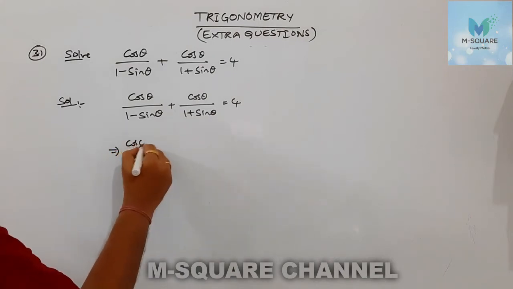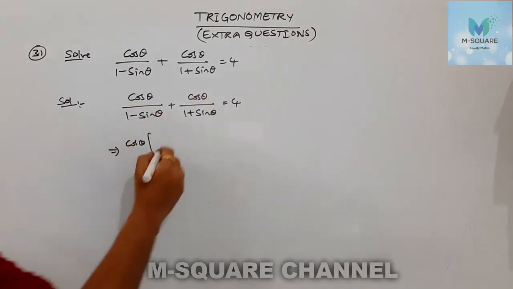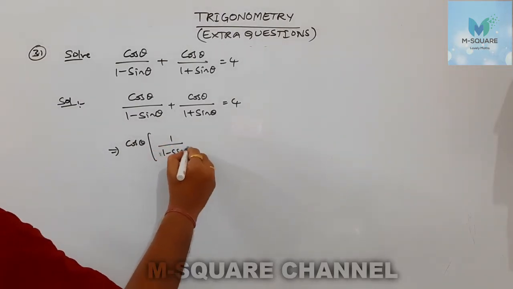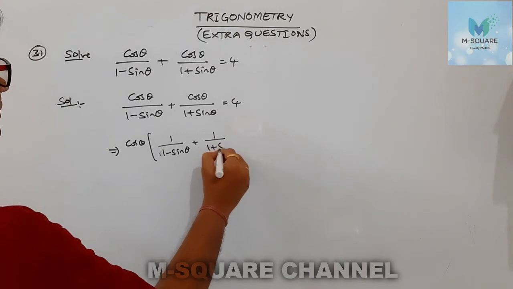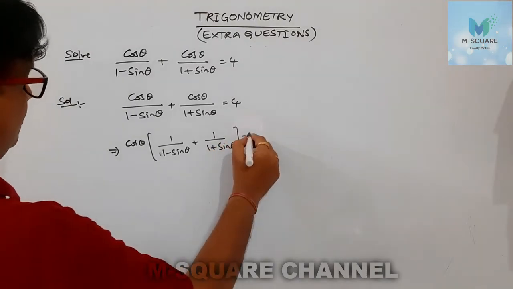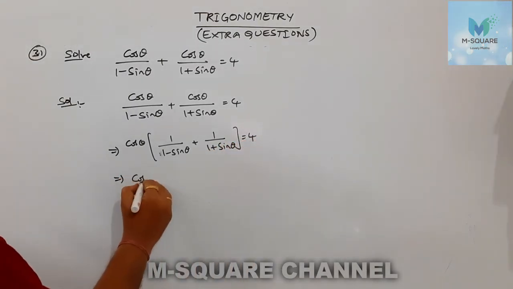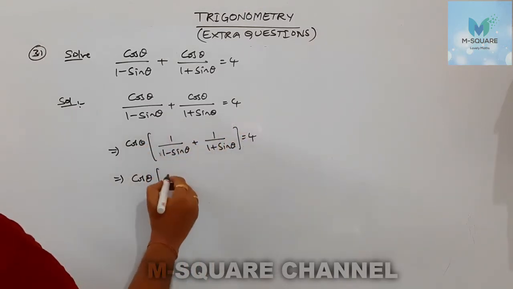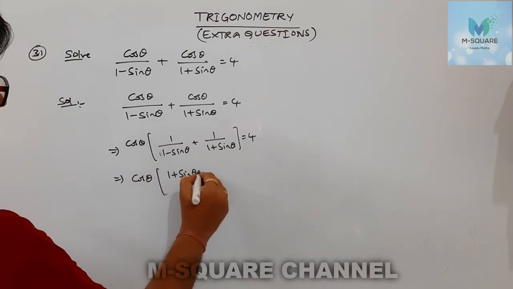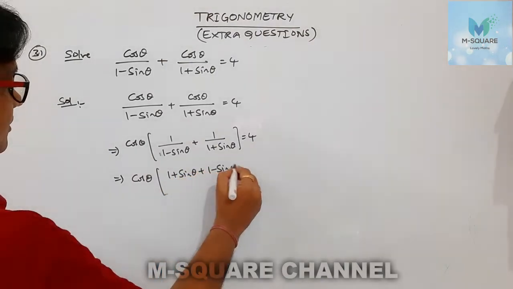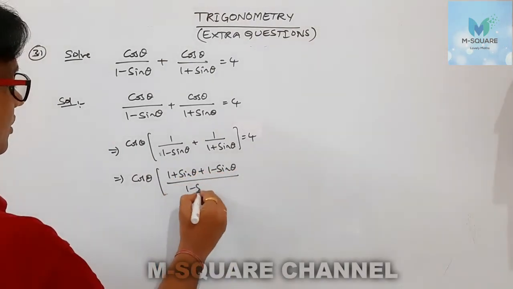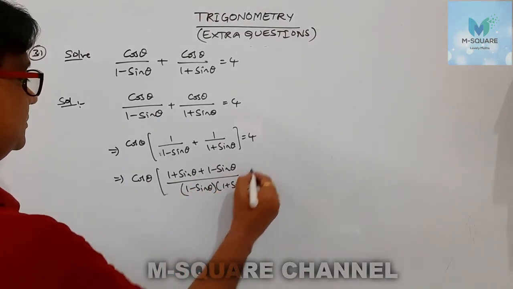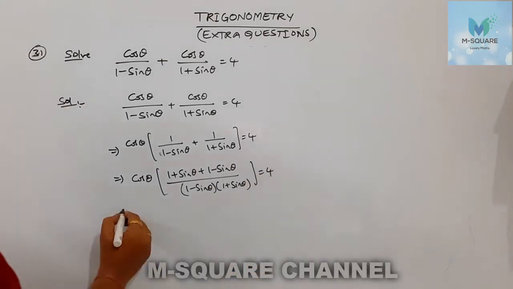Here cos theta is common. So 1 by 1 minus sin theta plus 1 by 1 plus sin theta equal to 4. So cos theta, after taking the LCM, 1 plus sin theta plus 1 minus sin theta by 1 minus sin theta into 1 plus sin theta equal to 4.